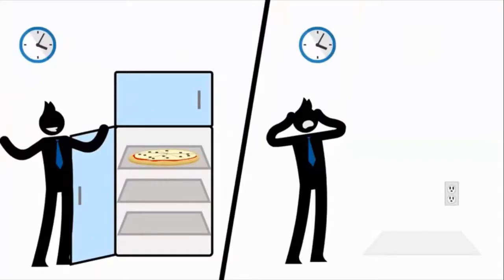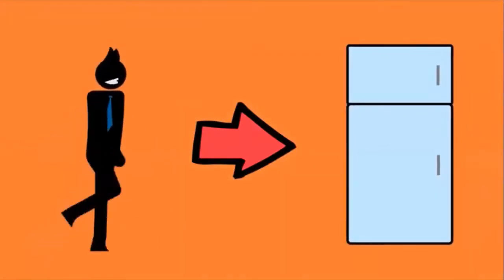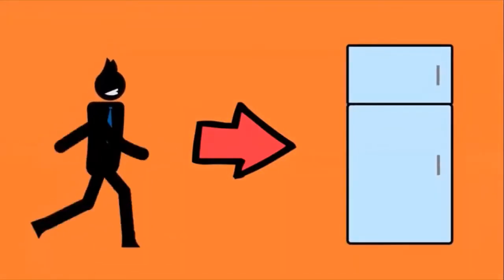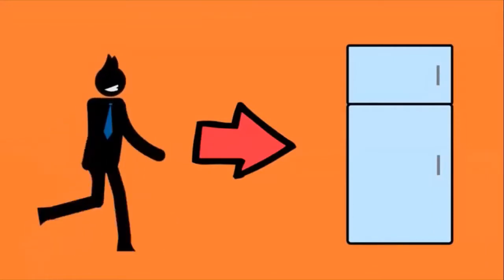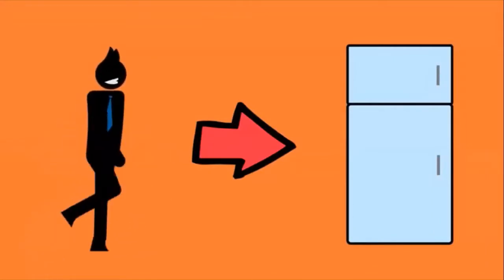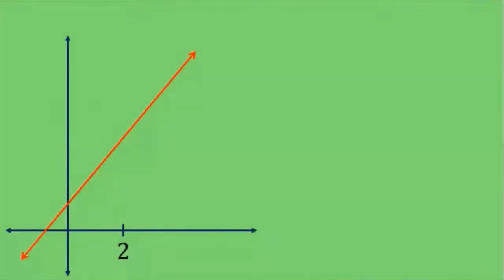Even though both of these situations are completely different, your behavior leading up to them is exactly the same. In either case, you are still approaching the fridge. This is the key difference with limits. They are used to describe what value a function is approaching, but not the value the function actually reaches.